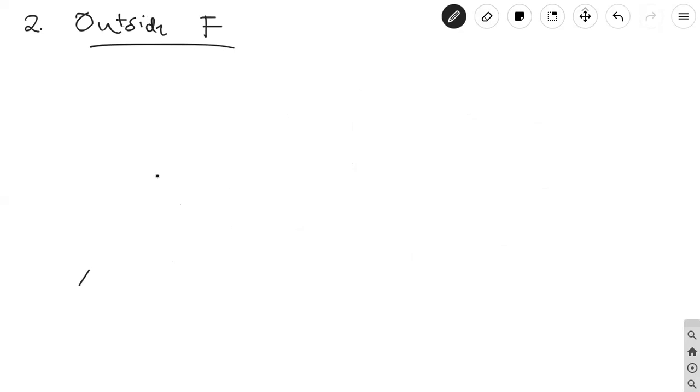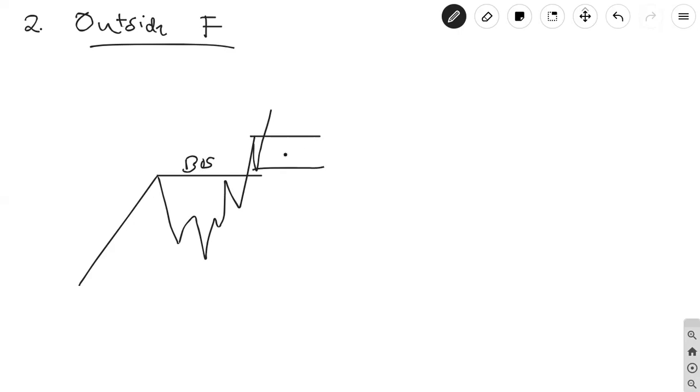When you have your structure here, and soon after the break of structure we have a structure created after the major break, that becomes our outside formation, meaning the market will come to that formation and then activate our entries.